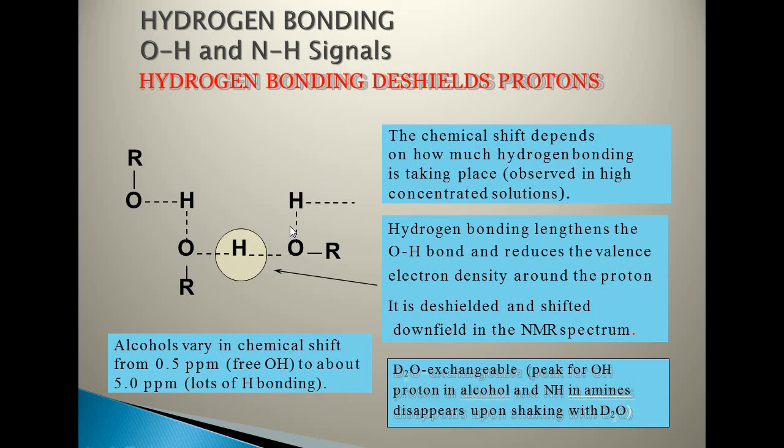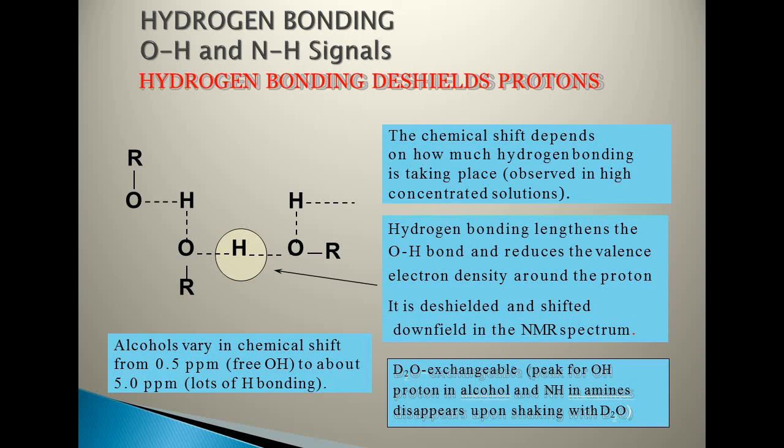Means the chemical shift value is somewhat dependent upon the hydrogen bonding. If there is hydrogen bonding, it lengthens the OH bond and reduces the valence electron density around the proton. So the addition of a hydrogen bond increases the bond length. As the bond length increases, the electron density also goes somewhat far away.